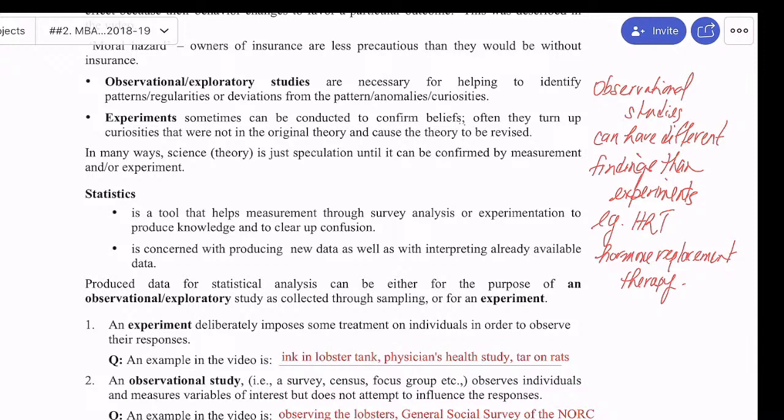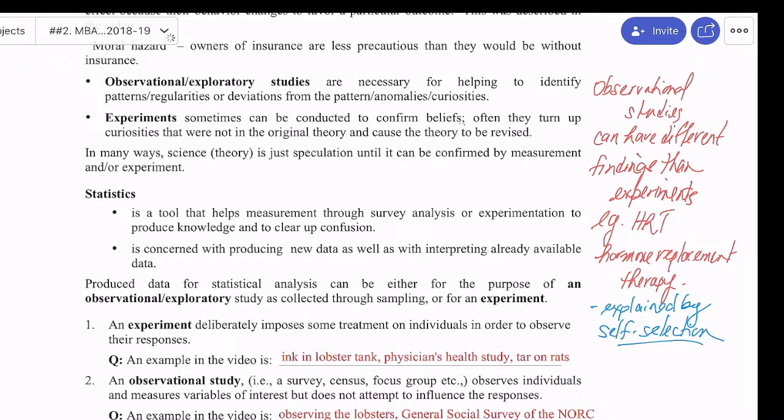Well, these were explained away by the idea of self-selection. So it's the women who were approaching the doctors who were the more informed women, the women with higher education, more income.